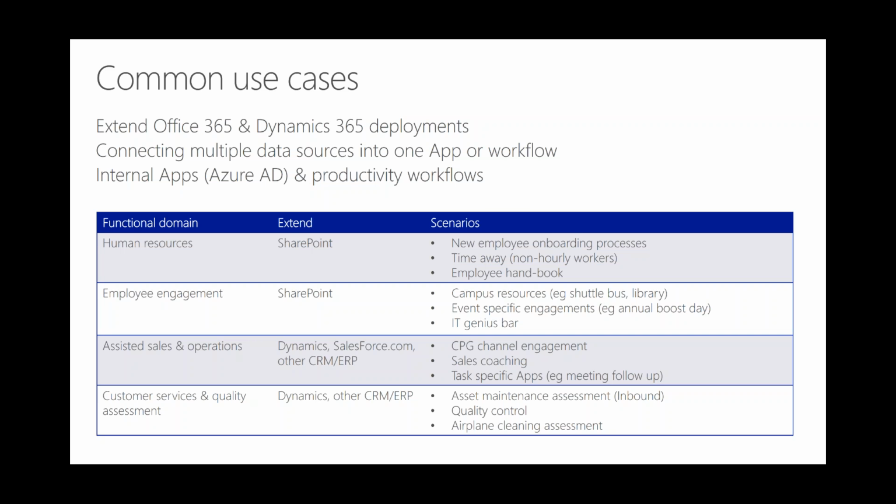Some of the other things that we see are moving out of SharePoint and into some of the more Dynamics and field related apps, but they all tie into Office 365 and SharePoint as well: sales and engagement apps, and quality control, much like what you saw with the Genie. Airplane cleaning: we've actually had an airline working with one of our partners to do cleaning assessments, to have staff go onto an airplane after the cleaning crew and use a Power App to do an assessment of how well the plane was cleaned, and report that back.